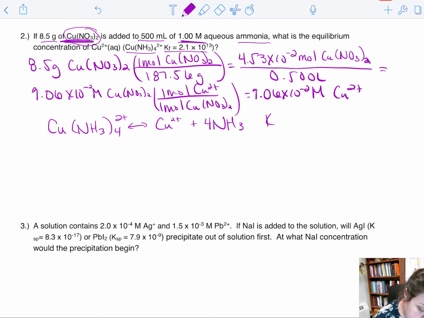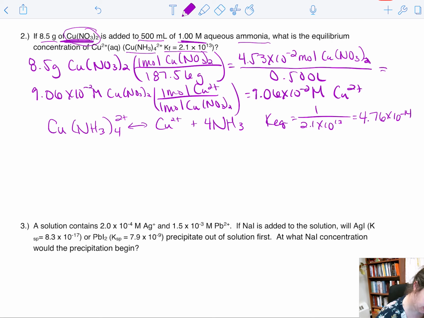So our Keq in this case would be 1 divided by 2.1 times 10 to the 13, which gives us 4.76 times 10 to the negative 14 for our Keq for the dissociation of our complex ion.